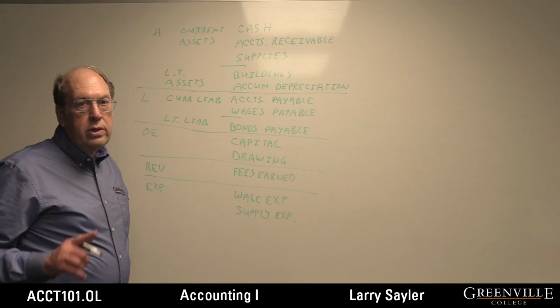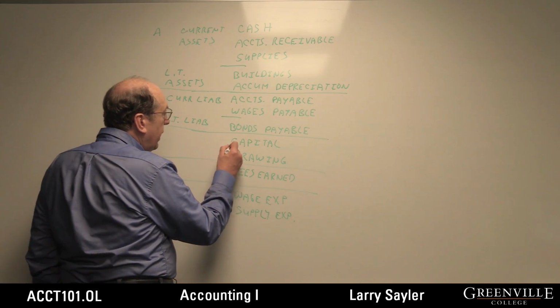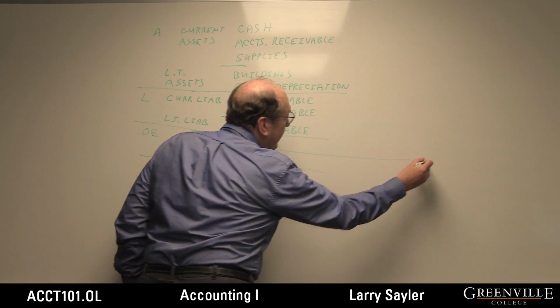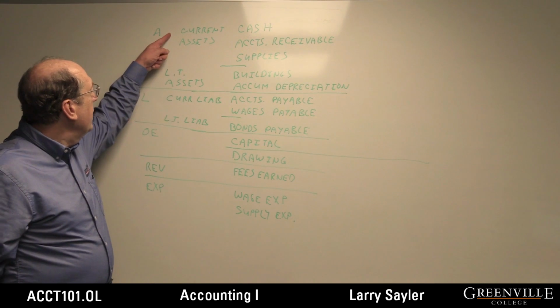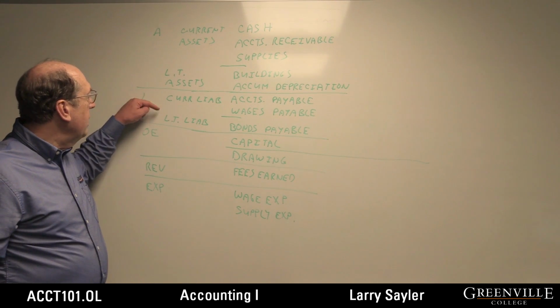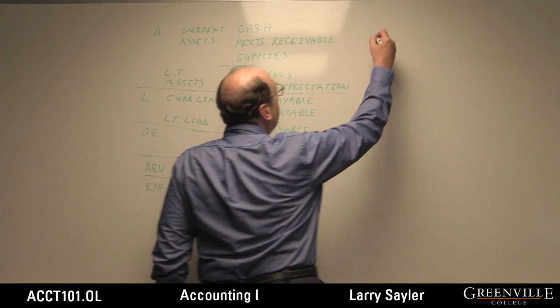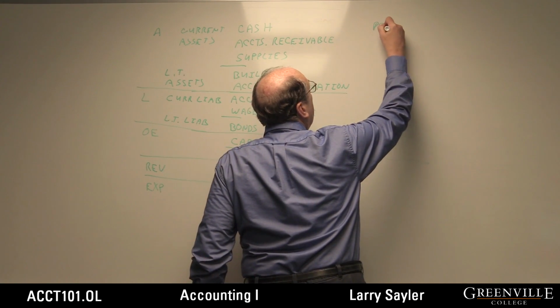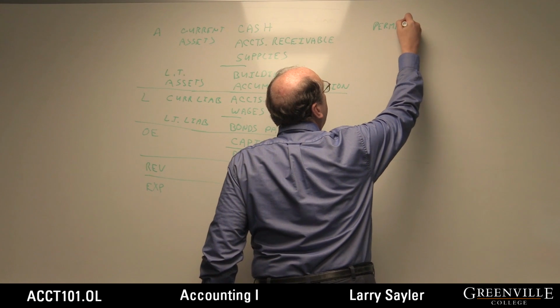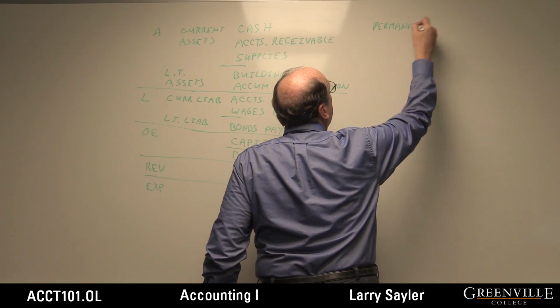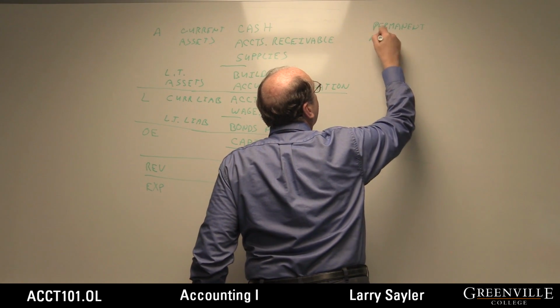Now, one thing we're going to do this chapter, we're going to split the accounts. Current assets, long-term assets, current liabilities, long-term liabilities, and capital are all called permanent accounts. And we're going to explain why they're called permanent accounts.